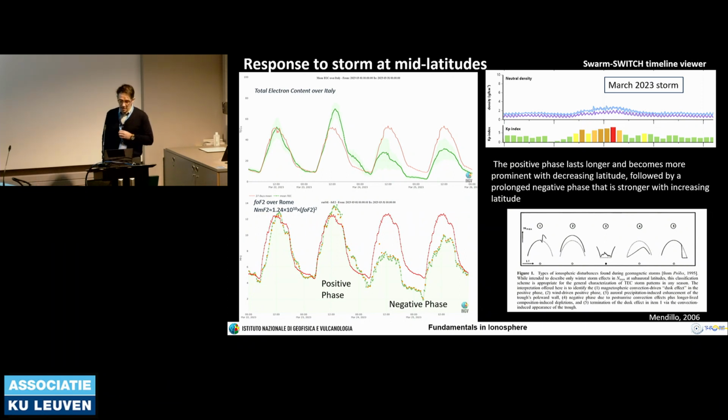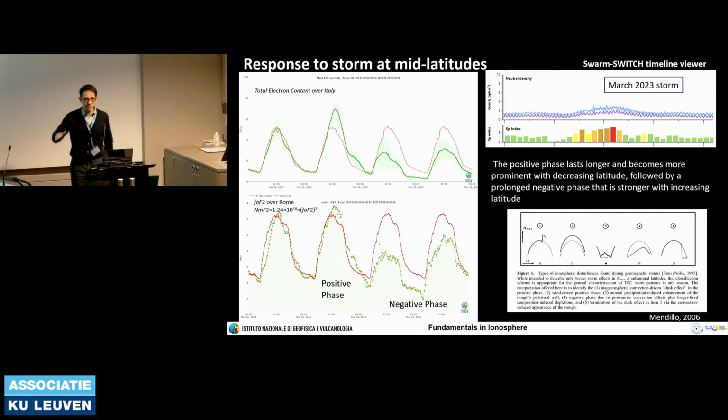You may see here again two examples taken from ionospheric measurements over Italy. Here on the top plot you have total electron content over Italy, and below you have the critical frequency of the F2 layer, which is directly proportional to the plasma frequency of the F2 layer, again over Rome.